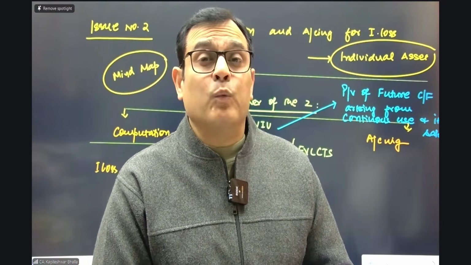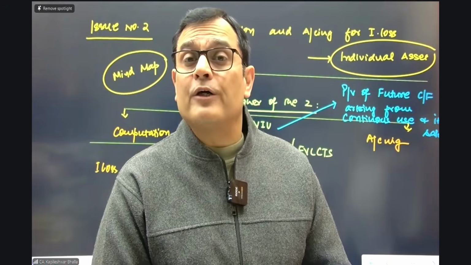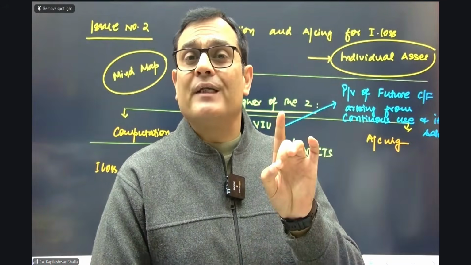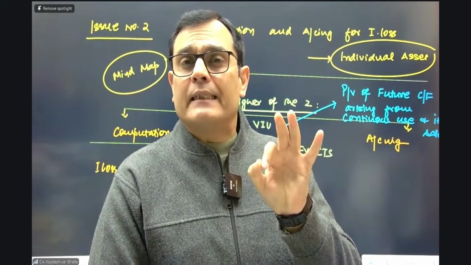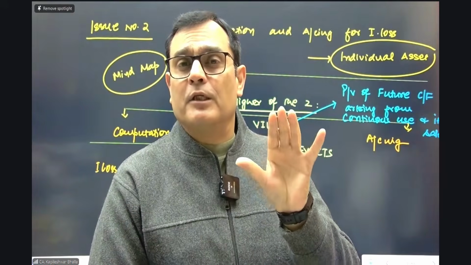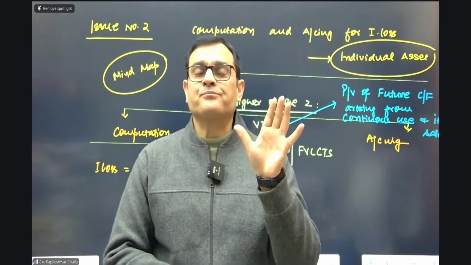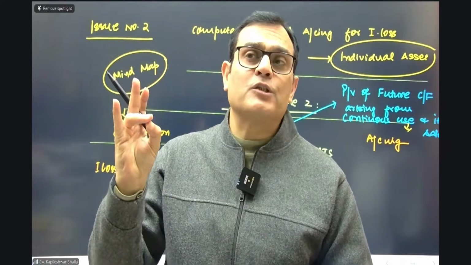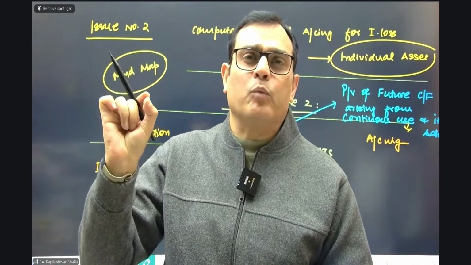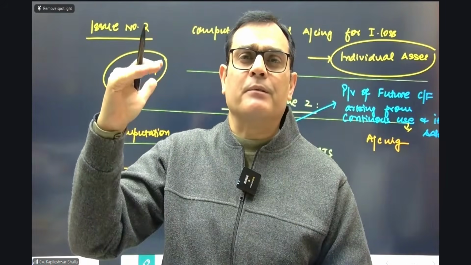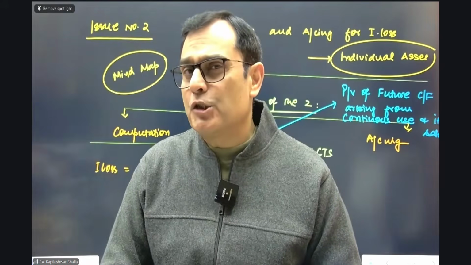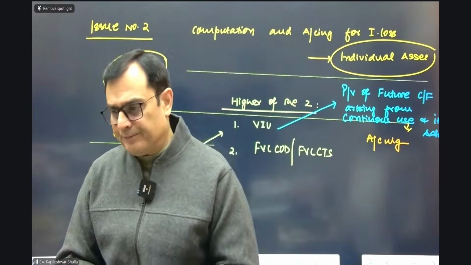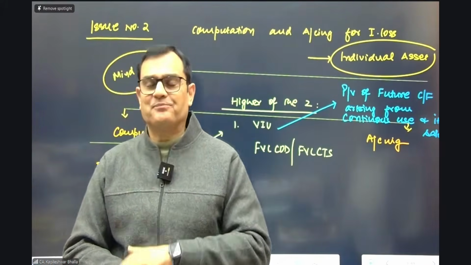If the VIU or the fair value less cost to sell, any one, exceeds the carrying amount, can I outrightly say there can be no impairment? I put it again. If you compute any one of VIU or fair value less cost to sell and it's greater as compared to the carrying amount, can I say there is no need to compute the other one? There is no impairment. Is that correct?